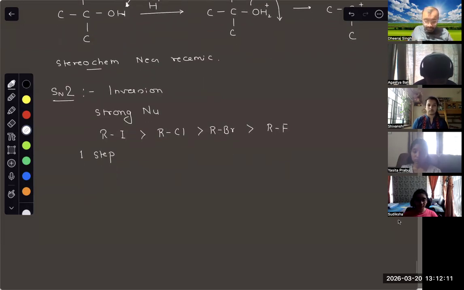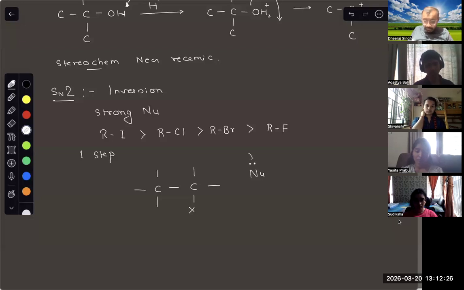Let us say this is how it is. Then a nucleophile comes, it attacks here, and this leaves. All of this is happening simultaneously.